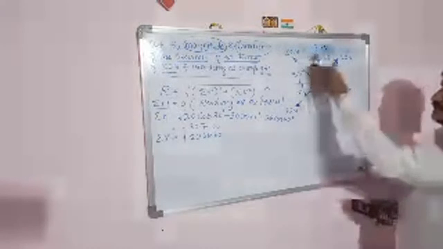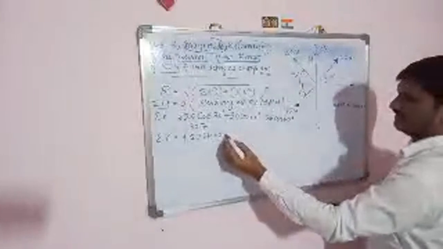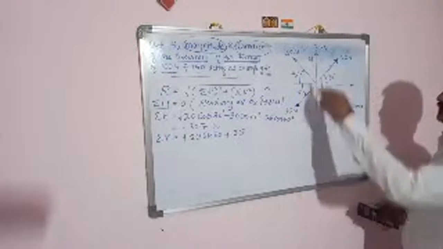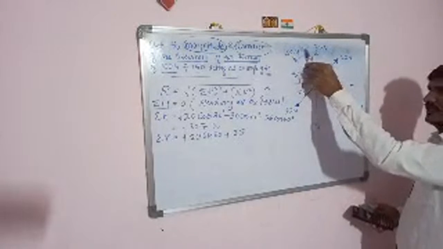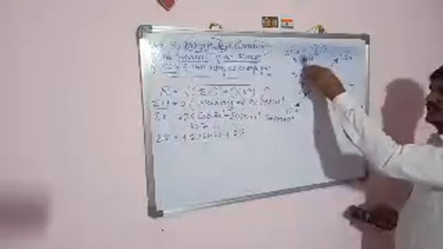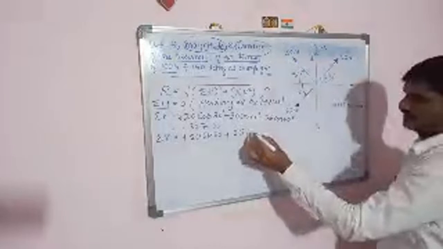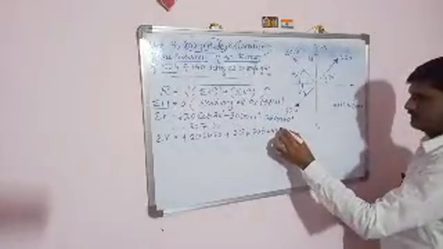Another force 25 is applied vertically, so we can directly write plus 25, no inclination. Another 30, if you resolve vertically, the direction is towards up, so plus 30 sine 45 degree.